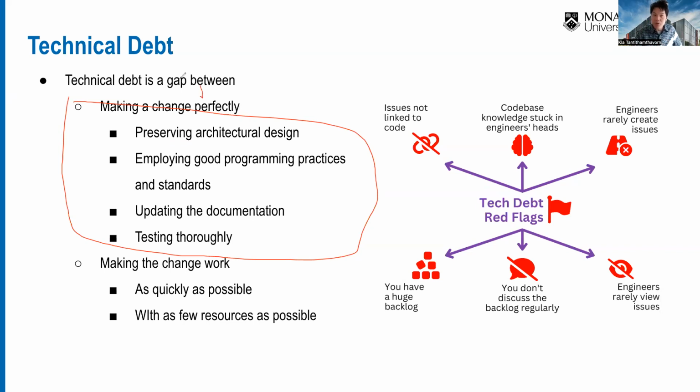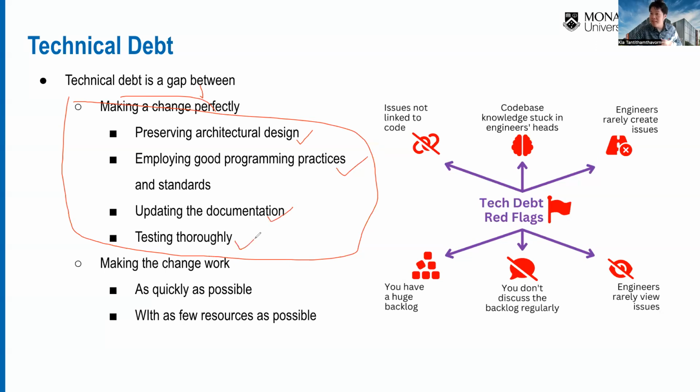But if you want to fix everything, there is a lot of effort. You need to preserve the architectural design, employ good programming practices and standards, fix the bug, make your code up to the standard, update the documentation, and test the code.